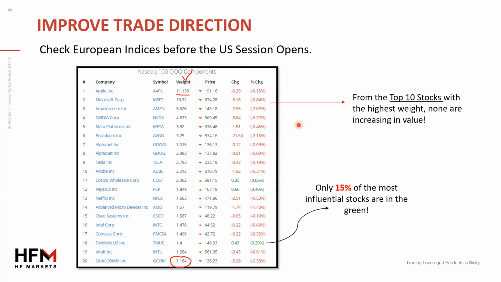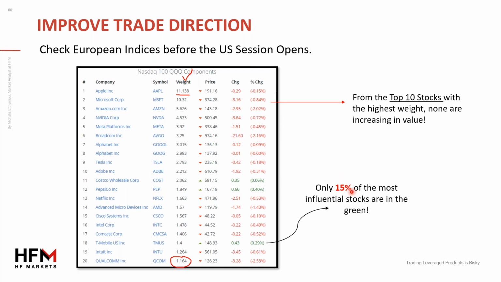And how do people understand and use this to improve the direction that they're speculating? This is an example, the 15% rule. This is a very well-known rule within Wall Street, where they look at the top 20 most influential stocks.